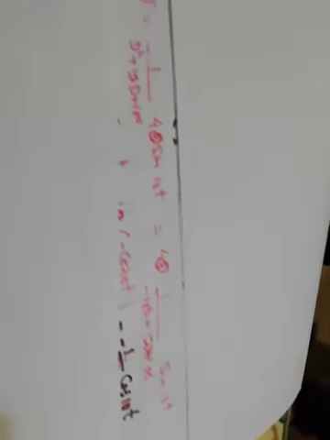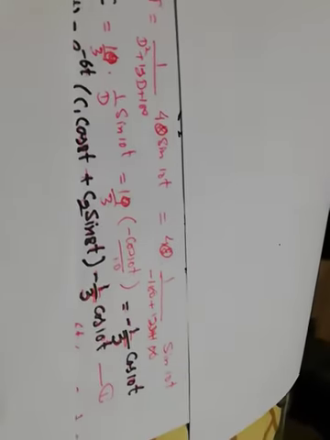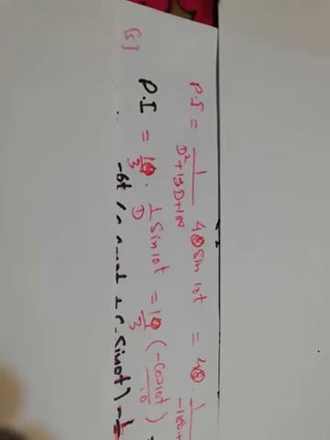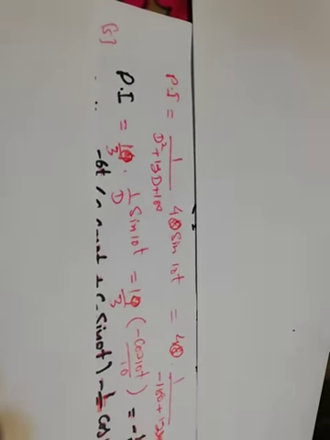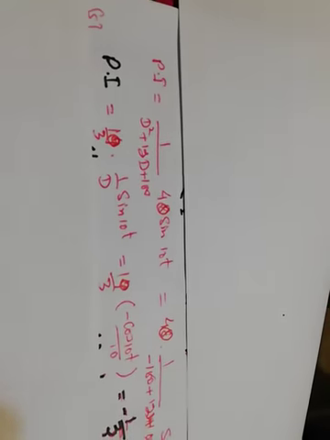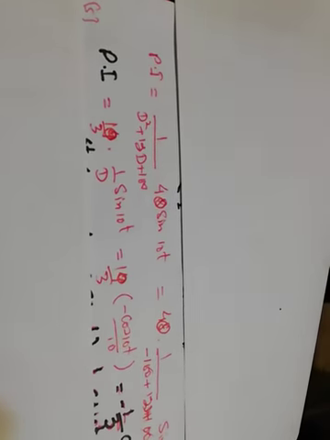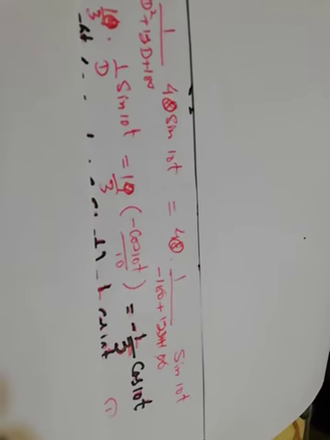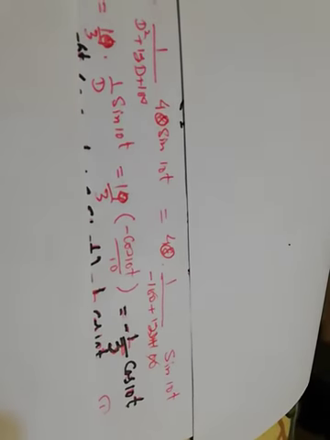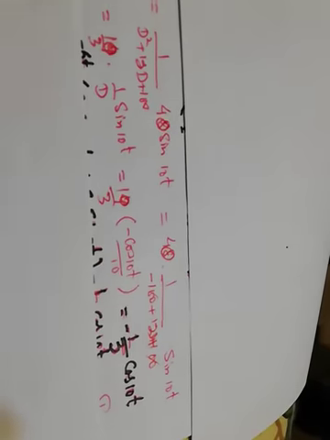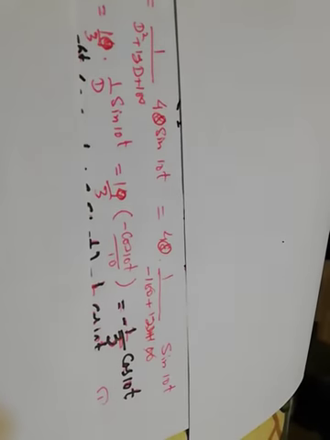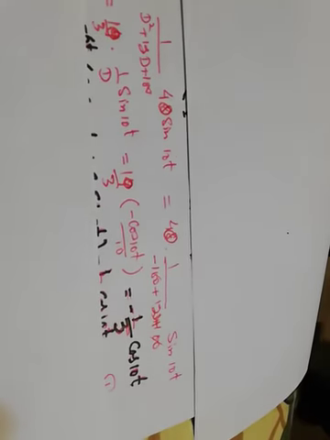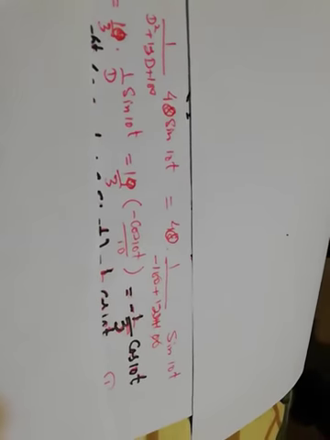After substitution, the particular integral will become 10/3 times 1 over D times sine 10t. 1 over D is used for integration, so the integration of sine 10t is minus cos 10t over 10, which after simplification will be minus 1/3 times cos 10t.